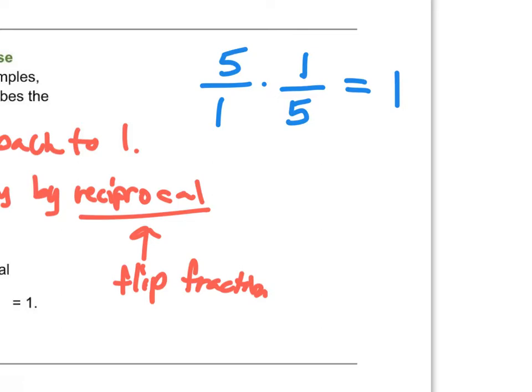Fractions are our friend. I'm just going to multiply across. 5 times 1 gives me 5. 1 times 5 gives me 5. What's 5 divided by 5? It's 1. That's all you're doing.